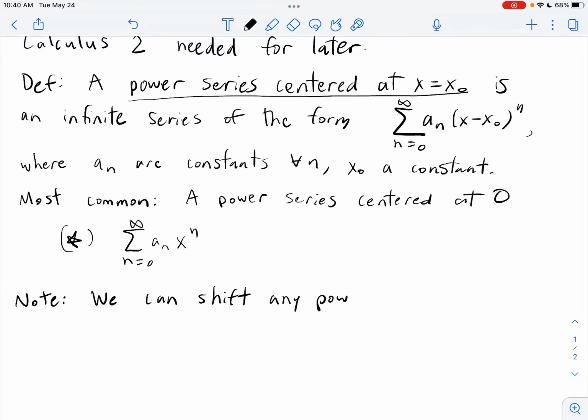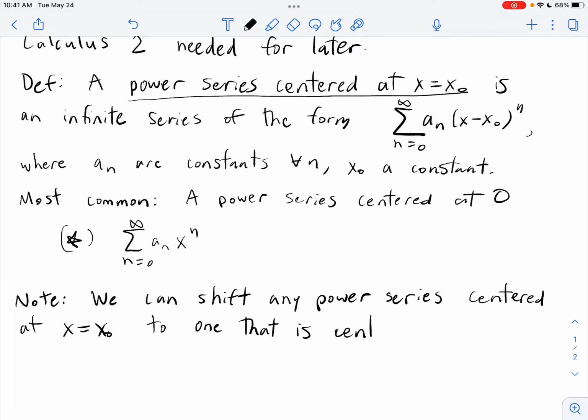So any power series centered at x equals x naught to one that is centered at 0 by letting u equal x minus x naught.